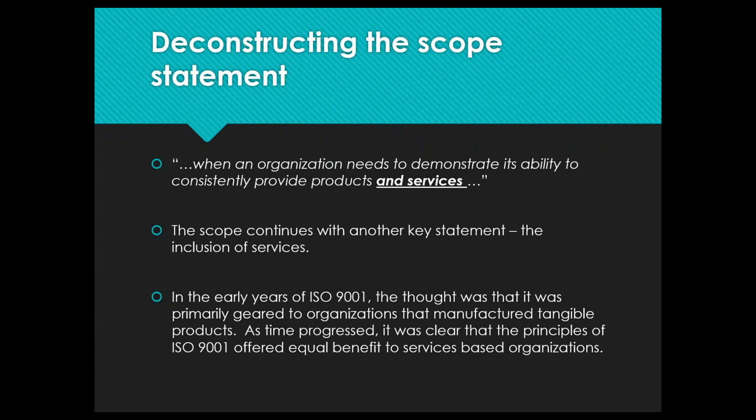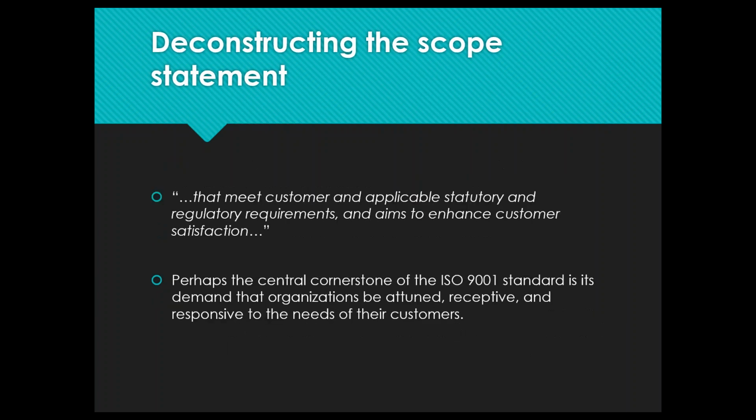Now, as the years went on, it was clear that ISO 9001 and the principles that it represented offered equal benefit to service-based organizations. And so it is now viewed as being a standard written to accommodate essentially any type of organization, whether it is an organization that provides tangible products or non-tangible services.